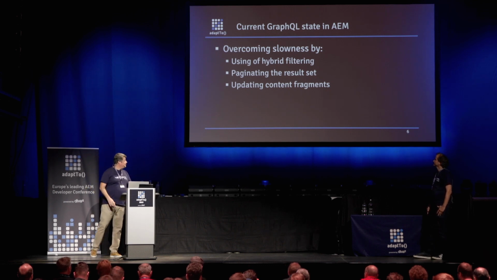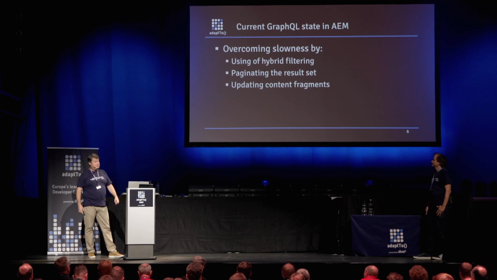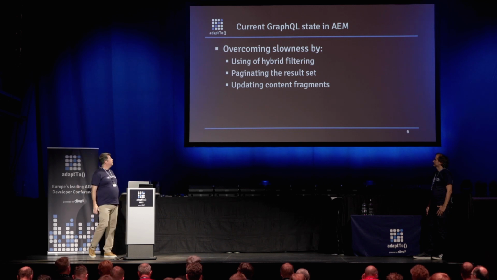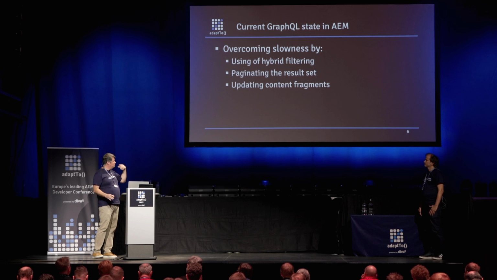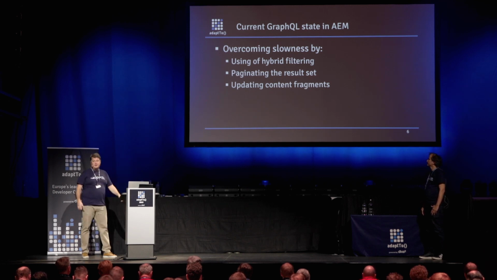The second technique that you can and should use is pagination of the result set. If for some reason you don't use any hybrid filtering, neither AEM filtering nor GCR filtering, pagination is your only resort to limit the result size which will then be transferred to the client application.